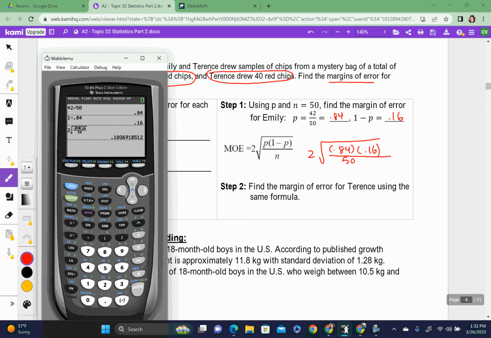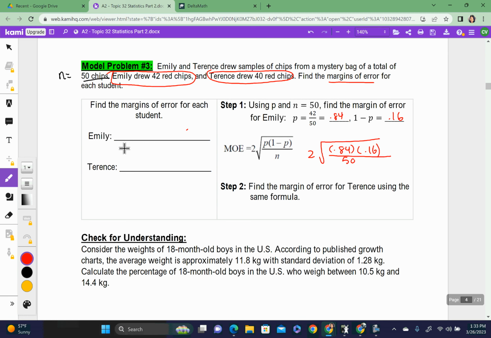So the margin of error for Emily. Let's see if we can change this to a fraction. Probably not, but I'm going to try. Okay, it's the same thing. So it's 0.104. The margin of error for Emily is going to be 0.104.